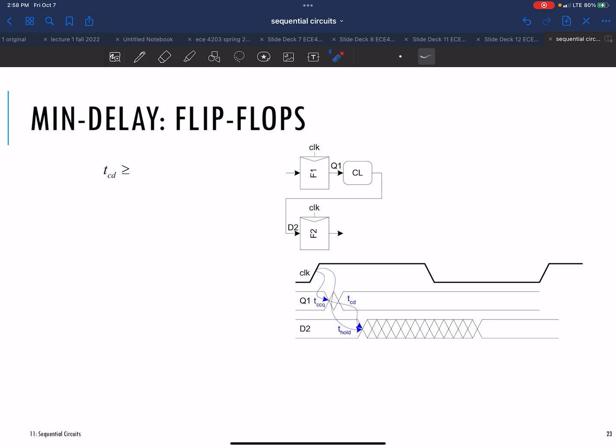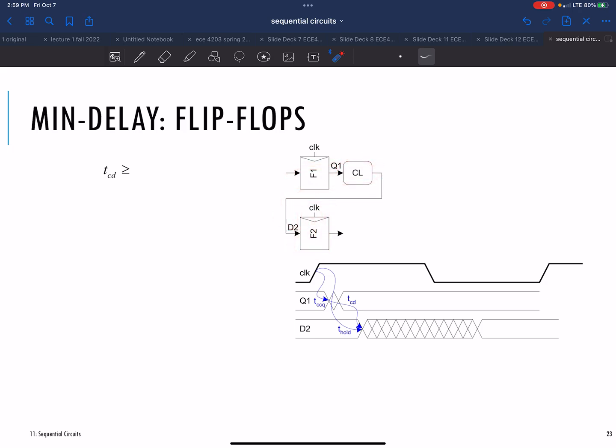So the same situation as you had before, but let's say this combinational logic is actually very small. You don't have that much in this layer, for whatever reason. So if this delay is too short, there is a possibility that stuff will go from the rising edge of this flip-flop, this data will race through to here, go through here, and show up at this point before the hold time of the second flip-flop.